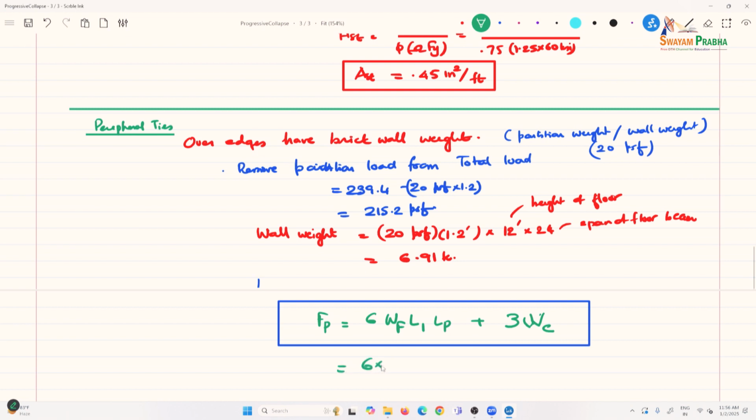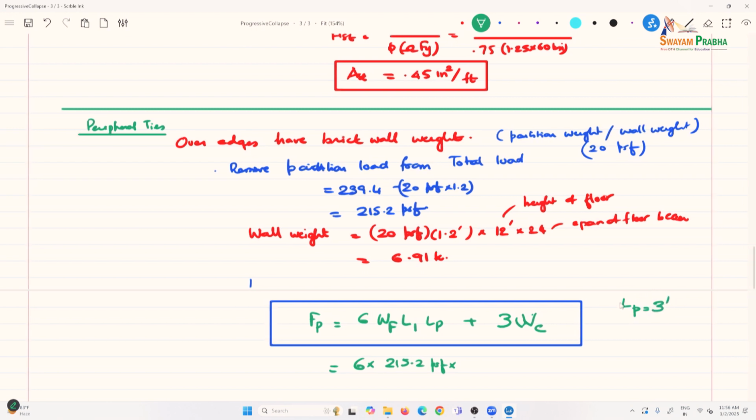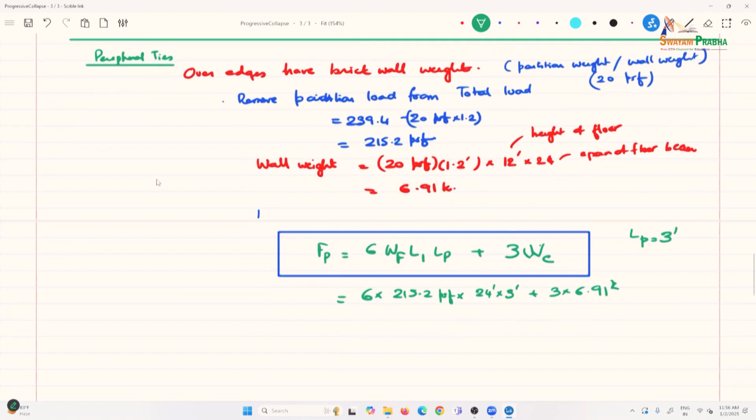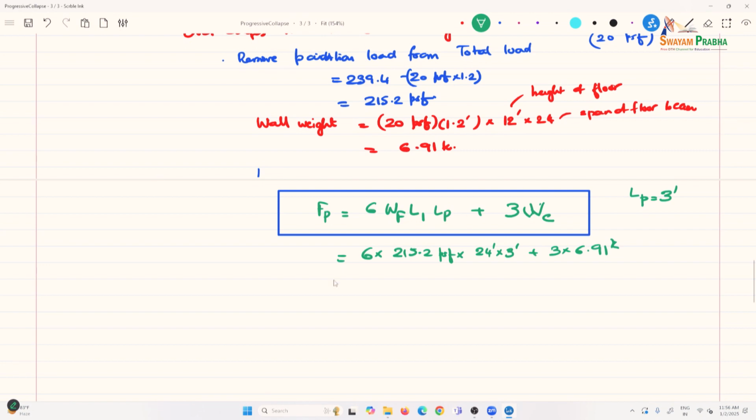So, comes to 6 times 215.2 PSF. LP, we have said this is spread over 3 feet, over 1 meter. So, L1 is 24 feet, this is 3 feet plus 3 times 6.91 kips. That is why the wall weight was separated for peripheral ties. So, all of it comes to 102.2 kips.